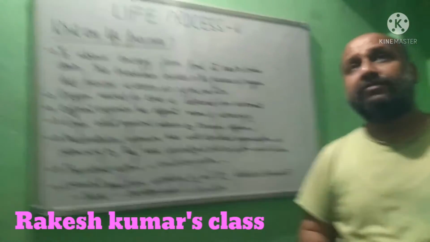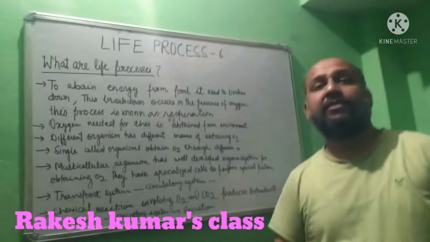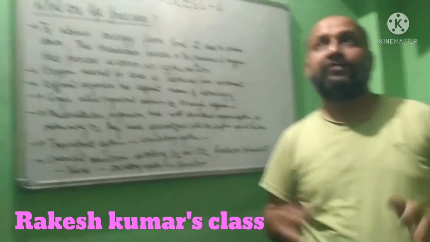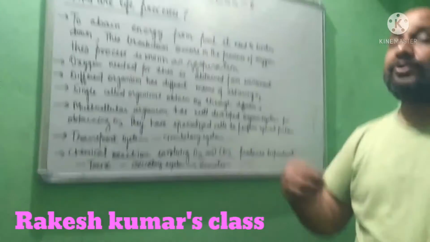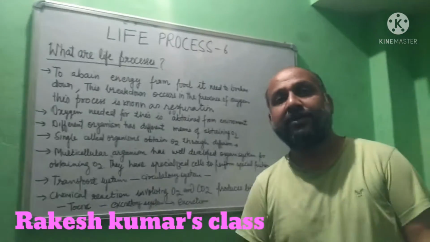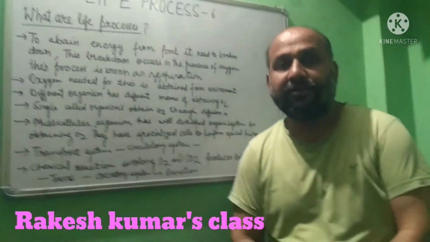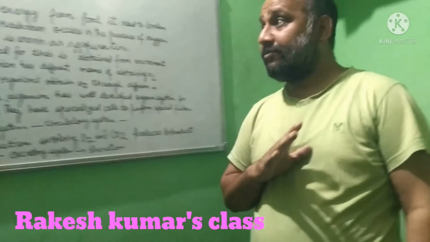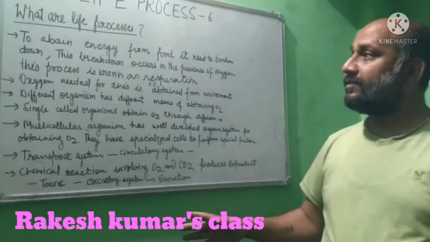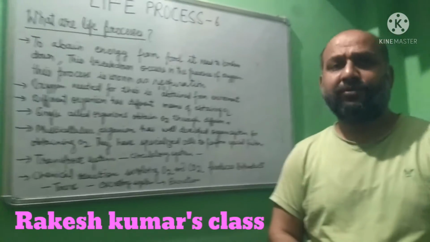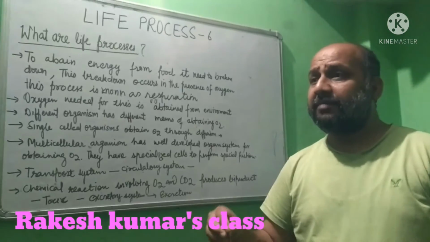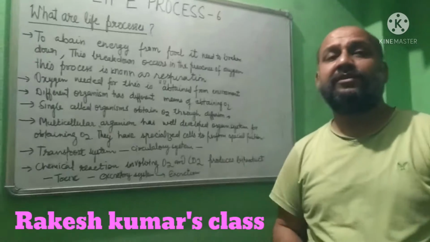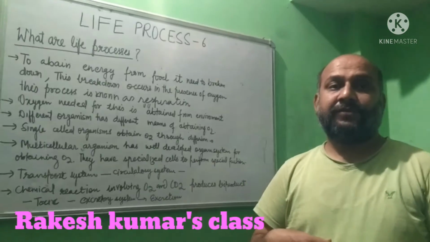These reactions produce some byproducts which are toxic to the organism. They need to be removed from the body, and their removal process is known as excretion. So dear students, we discussed different types of processes briefly. In upcoming lessons, these processes are taken in detail.